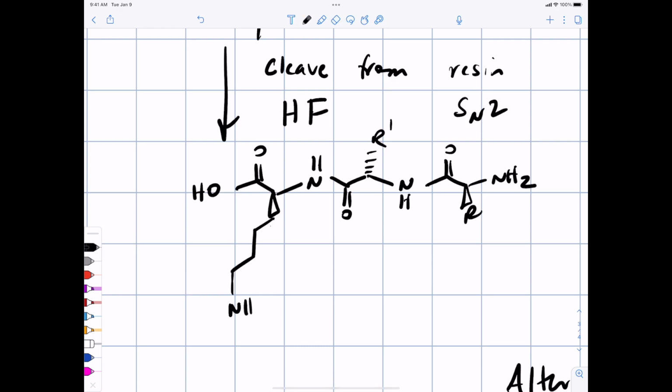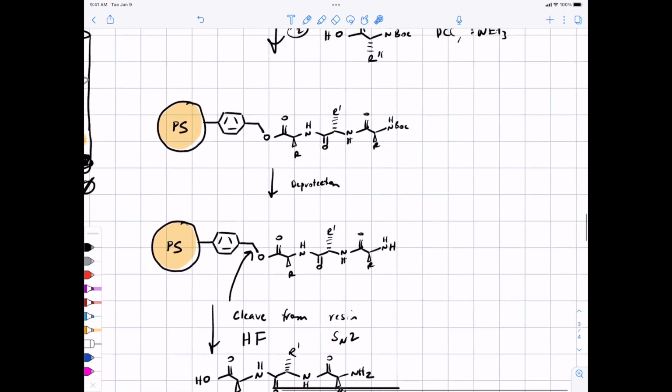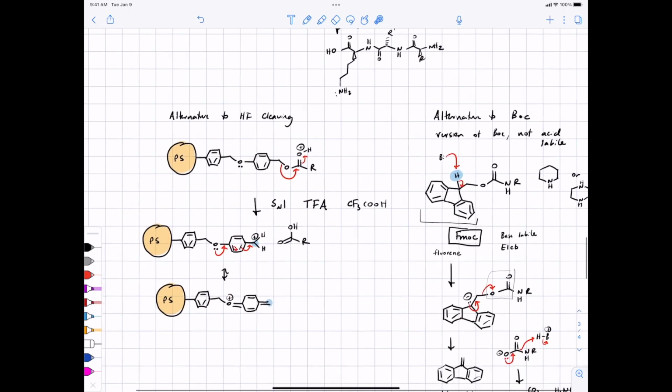There we go. Lysine has an amino group, which itself could interfere with those coupling reactions, right? So you need protecting groups for the lysine side chain. I'm not telling you about what those are. You can learn them later. It's not that hard. There are strategies for dealing with it. We haven't said anything about it.